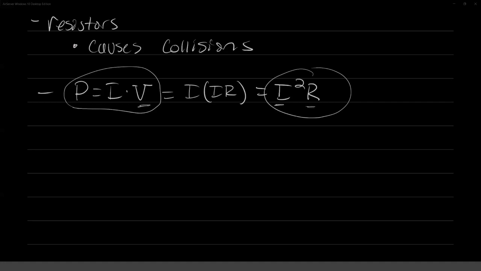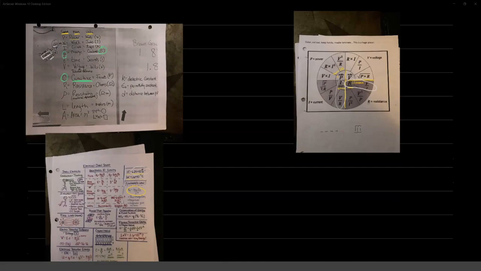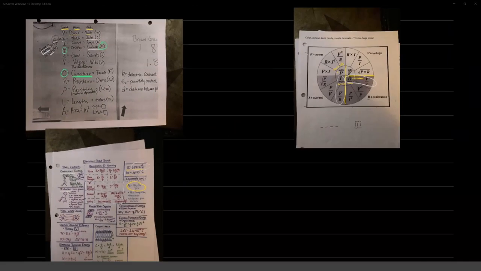So let me just double check. I think that goes over most of the stuff from 8. We talked about Ohm's law, we talked about batteries, we talked about calculating resistance and using Ohm's law. That circle is going to be your best friend. So I would have these 3 sheets at easy access when you take this test.